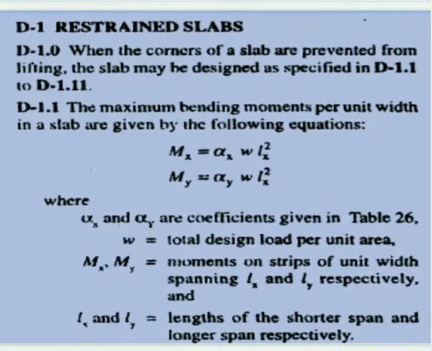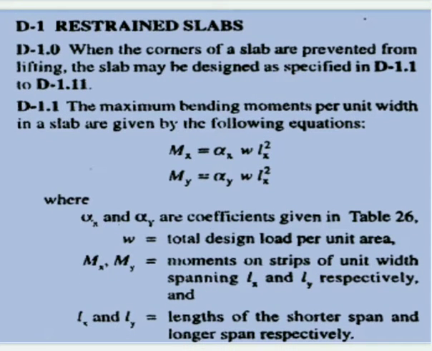Firstly, from IS 456:2000, I have taken clause D1, which explains the restrained slab. When the corners of the slab are prevented from lifting, the slab may be designed as specified in clause D1.1.